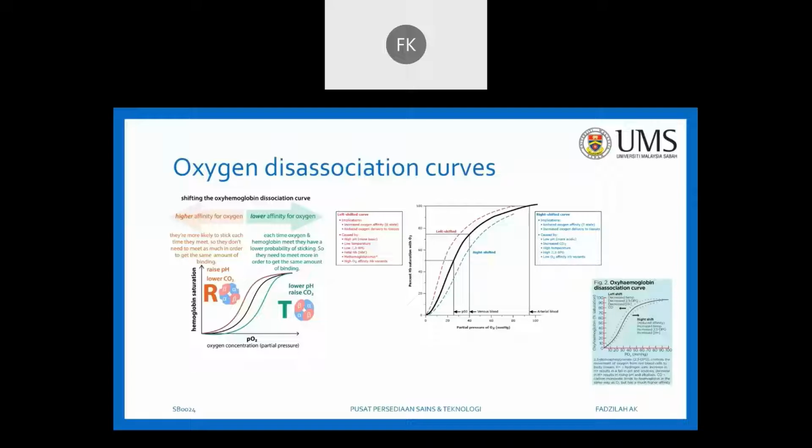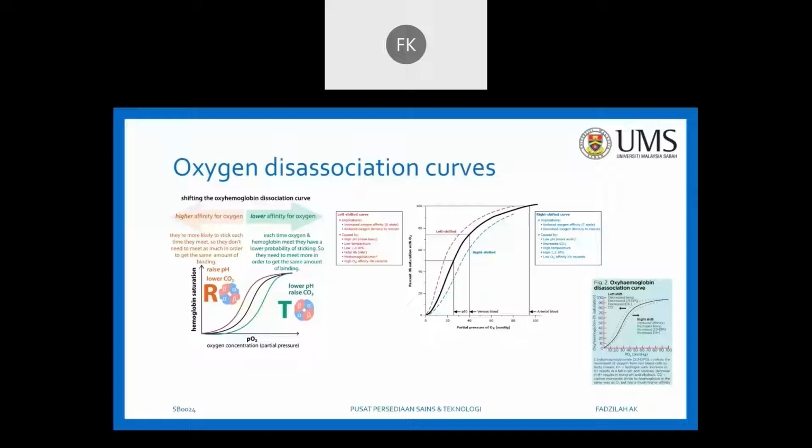And this sends the signal to the hemoglobin to dissociate the oxygen. Oxyhemoglobin will dissociate from oxygen due to the low pH and high concentration of carbon dioxide in the body. The implication: oxygen affinity to hemoglobin is lower. When the oxygen affinity of the hemoglobin is lowered, it tends to release the oxygen.